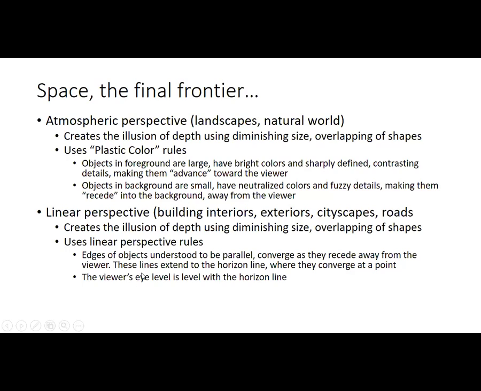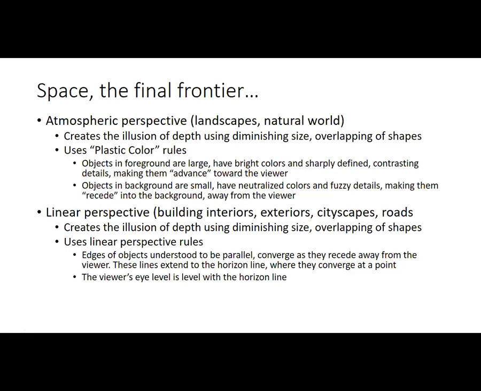The viewer's eye level in a composition that has linear perspective, your eye level is level with the horizon line. In fact, that's generally understood in both atmospheric perspective and linear perspective, that if there's a horizon in the background where the sky meets the ground, your eyes are generally level with the horizon.